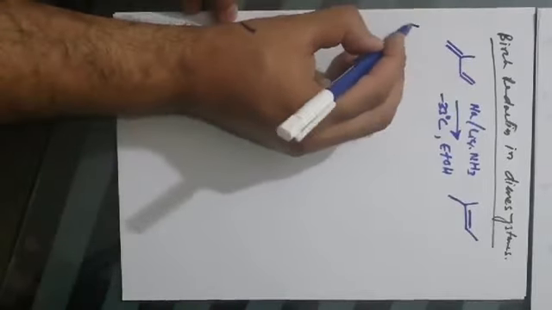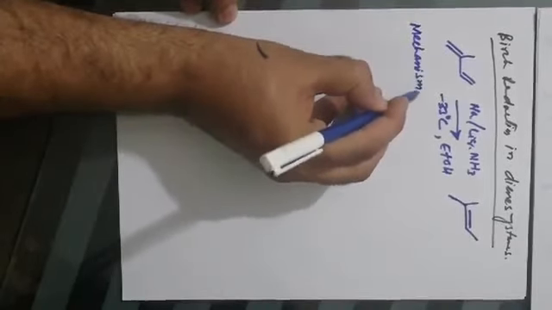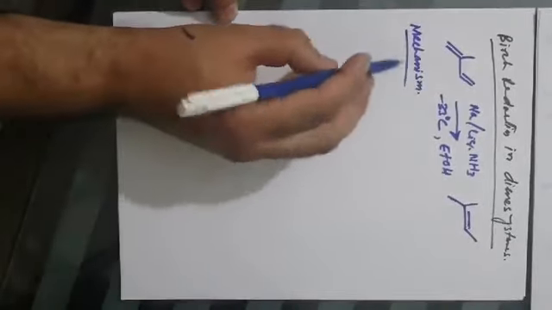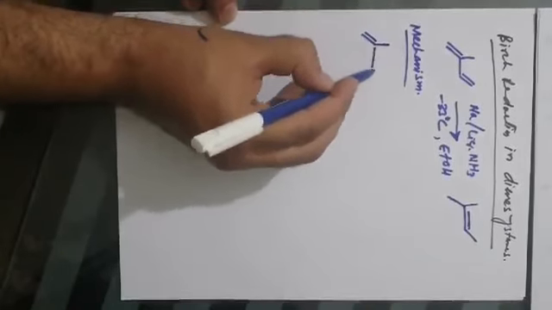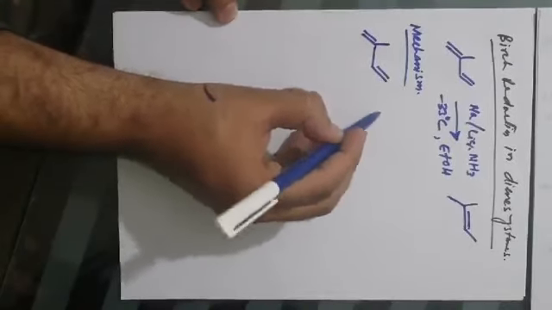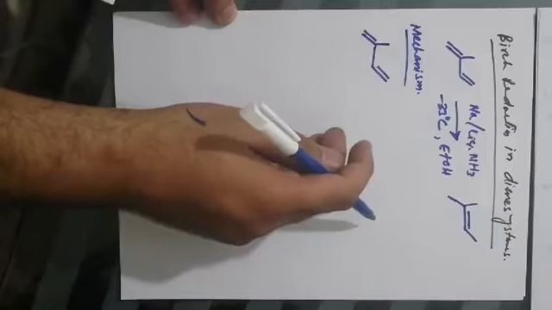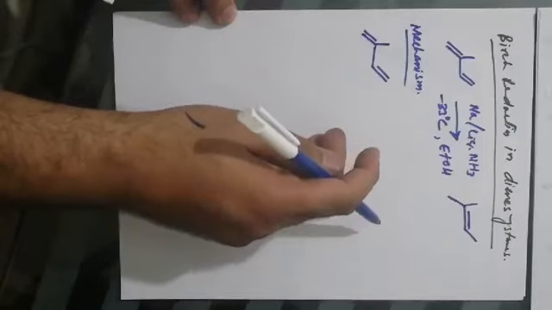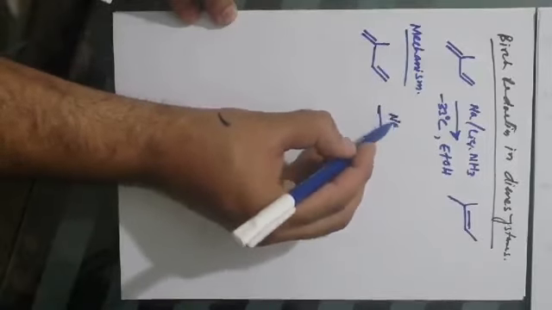Now what will be the mechanism? We know that the Birch reduction follows the SET mechanism, that is single electron transfer mechanism. So what happens?